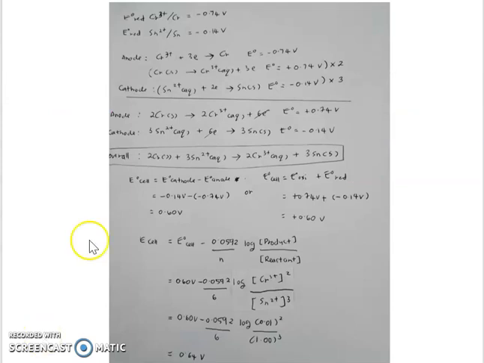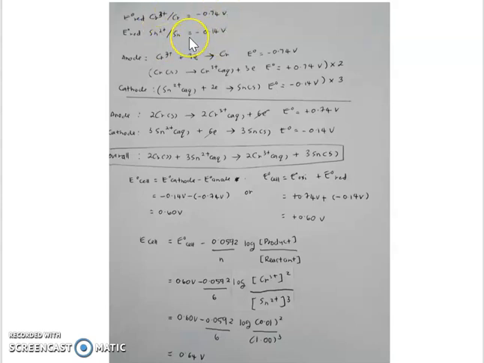First, we need to identify the standard reduction potential for each of the half cell reactions. This standard reduction potential is given to you in the question. The standard reduction potential for chromium is negative 0.74 volt, and for stannum is negative 0.14 volt.